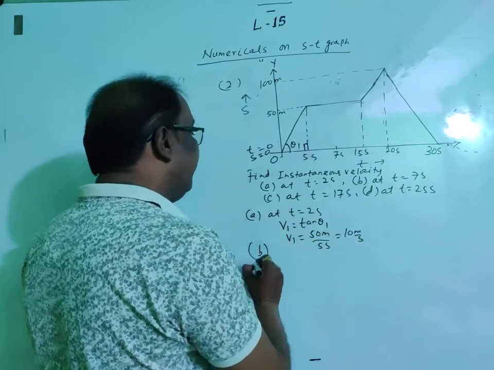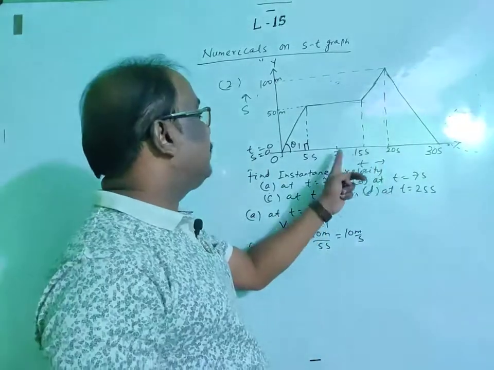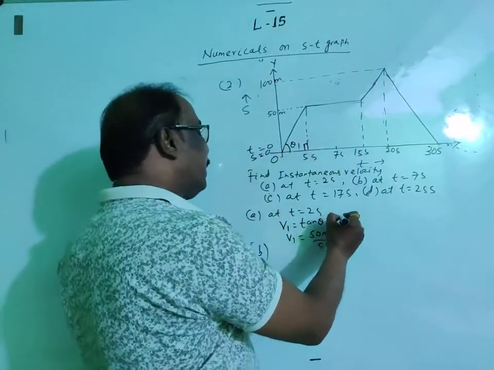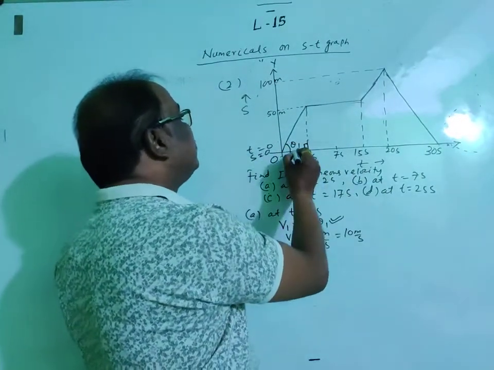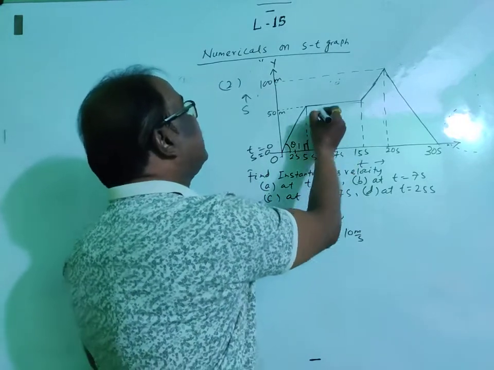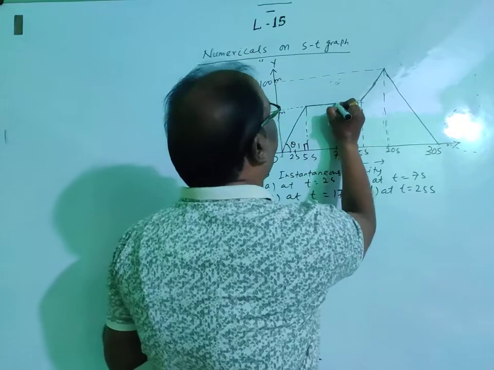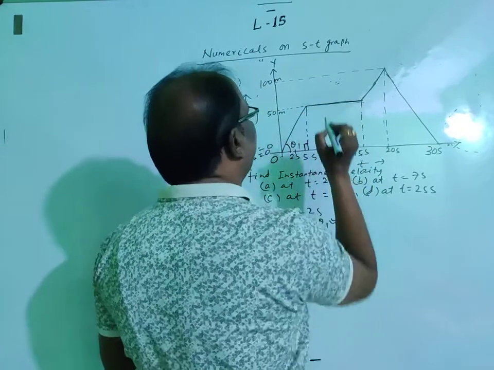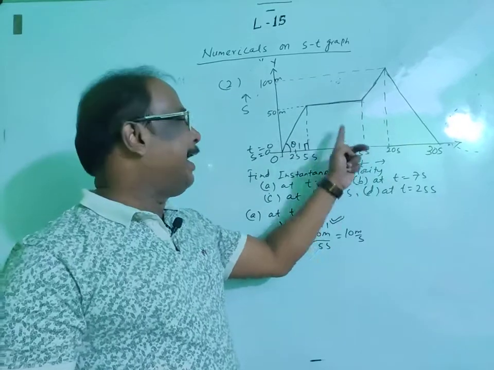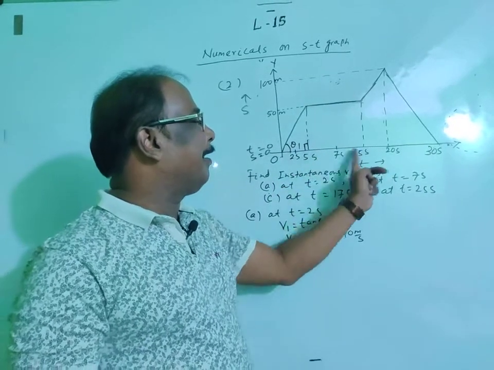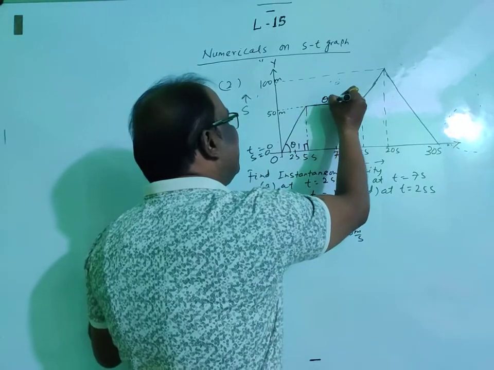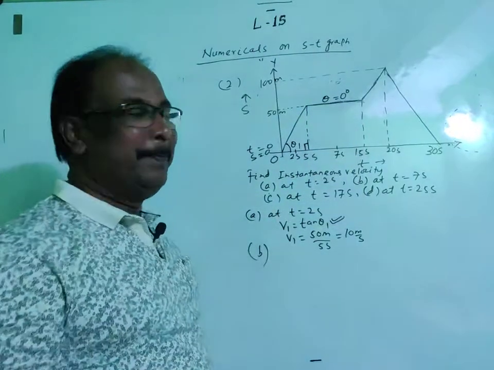And in part B at t equal to 7 seconds, you just see here the slope of the graph is tan θ1 at t equal to 2 seconds, but at 7 seconds the graph is a straight line from 5 seconds to 15 seconds, parallel to the time axis, means here theta is 0 degrees.